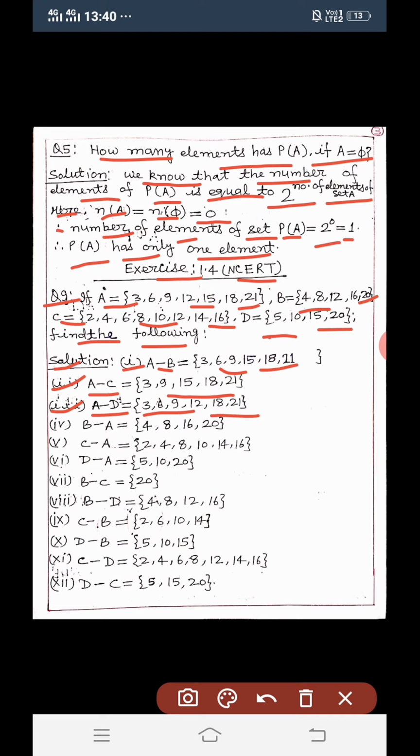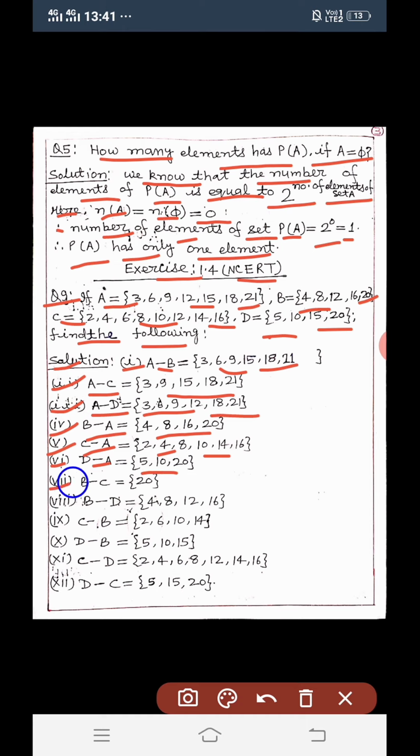B minus A equal to {4, 8, 16, 20}. C minus A equal to {2, 4, 8, 10, 14, 16}. D minus A means from set D we subtract those elements of set A which are in set D also. So D minus A equal to {5, 10, 20}.